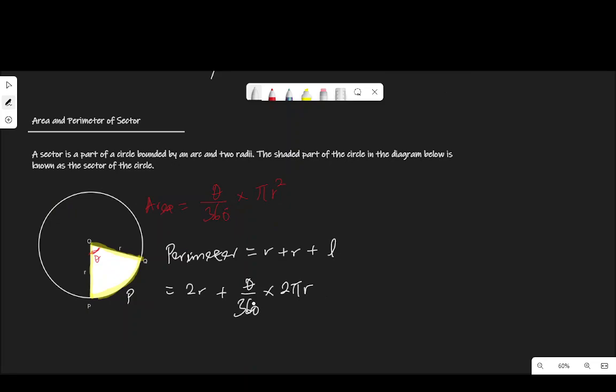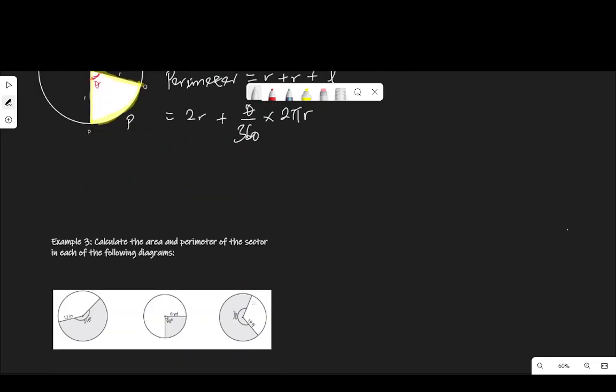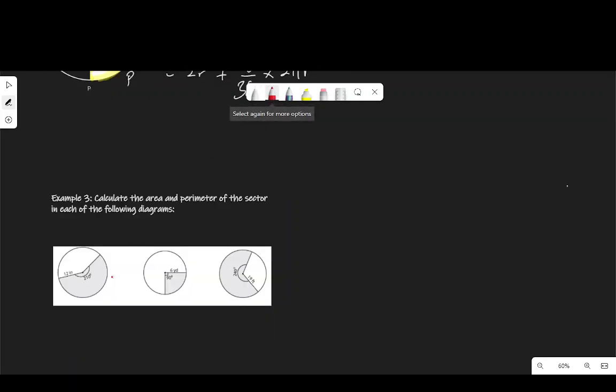With this knowledge, let's solve some problems. This example 3 is calculate the area and perimeter of the sector in each of the following circles. Let me label them A, B, and C. Let's call this first one A, call this one B, and we'll call this one C. So for area, let me use this color to do that.